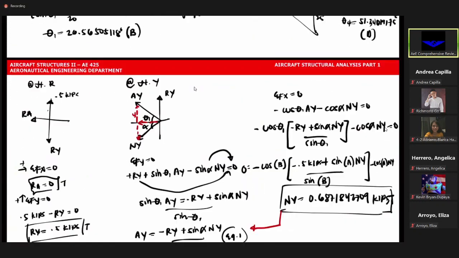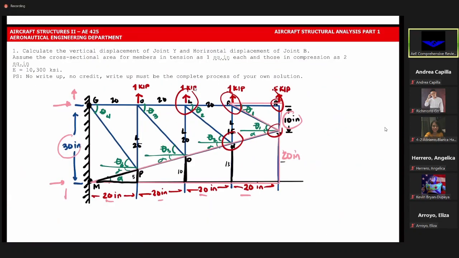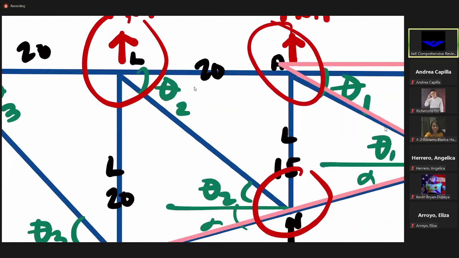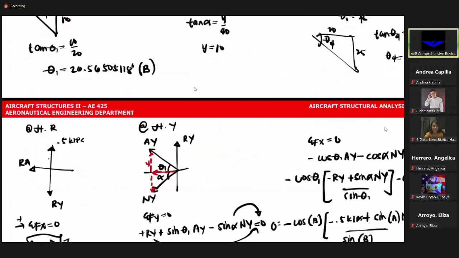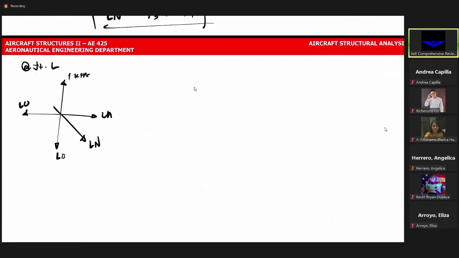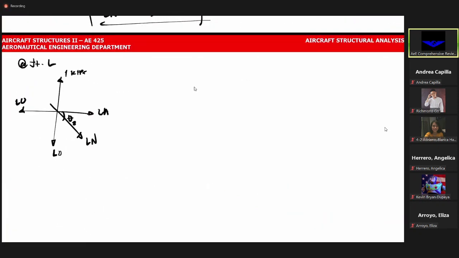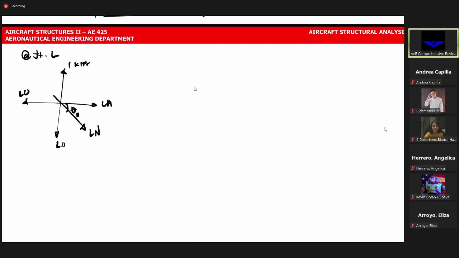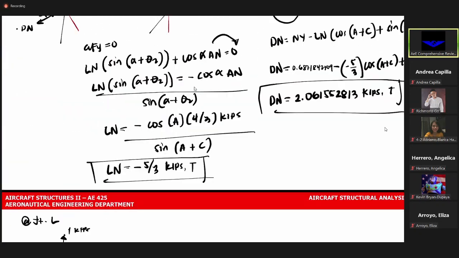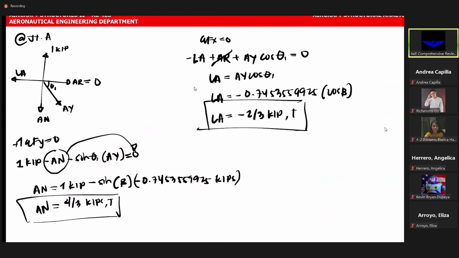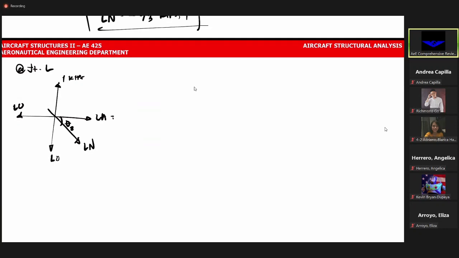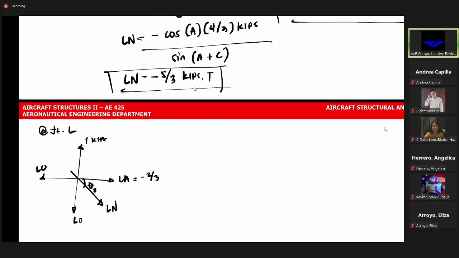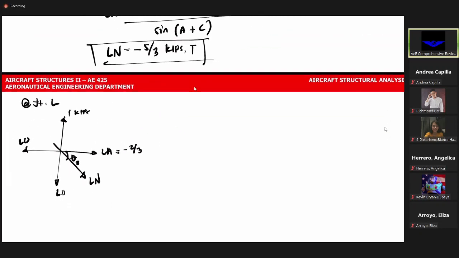So makita natin, yung theta sub 2 na-compute natin kanina para sa LM, angle ng LM. So, saan yung theta dyan? Ito yung theta. Theta sub 2. Okay? So, meron tayong value ng LA, tama? Value ng LA, negative 2/3. Lagay natin. That is negative 2/3. Meron tayong value ng LN, negative 5/3.